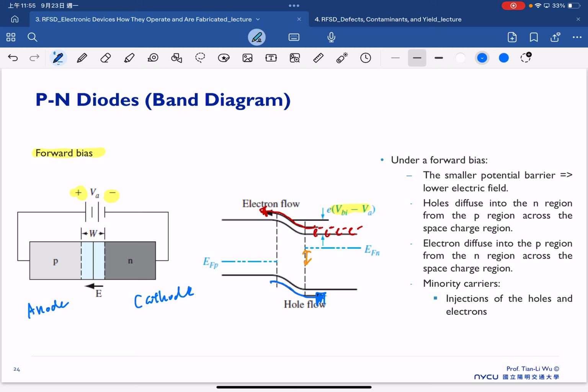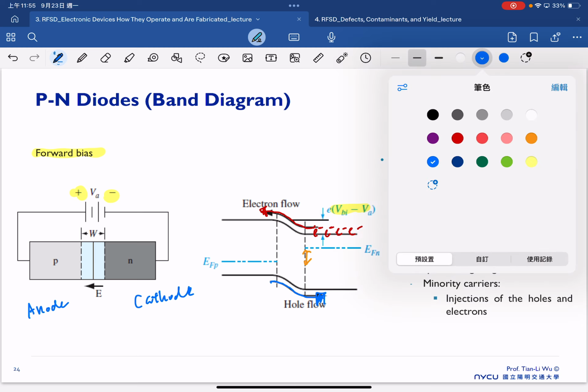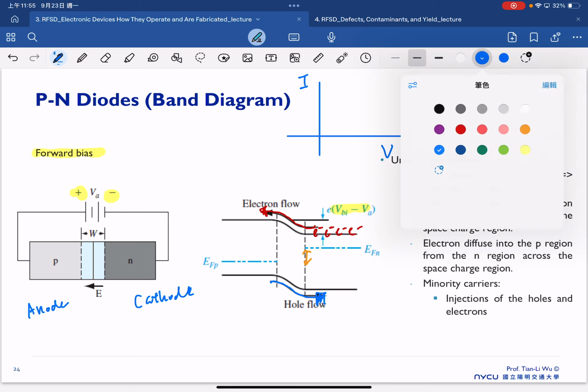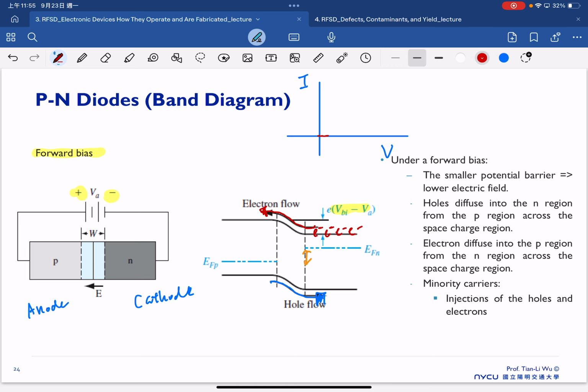So now we can start to expect, if we plot the IV curve of current versus voltage, that once we apply enough bias, we start to have current come out. This is what we usually call VF, the forward turn-on voltage.